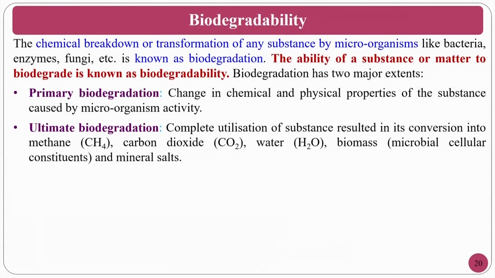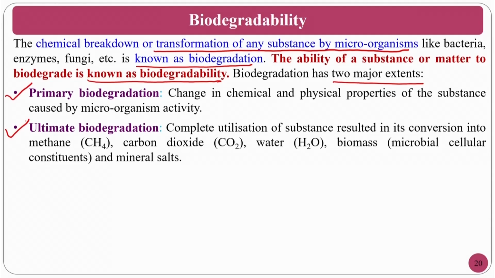Biodegradability is nothing but the chemical breakdown or transformation of any substance by microorganisms like bacteria, fungi, known as biodegradation. The ability of a substance or matter to degrade is known as the biodegradability of that particular material. Okay. Biodegradability has two major extents: one is primary biodegradation, another is ultimate biodegradation.